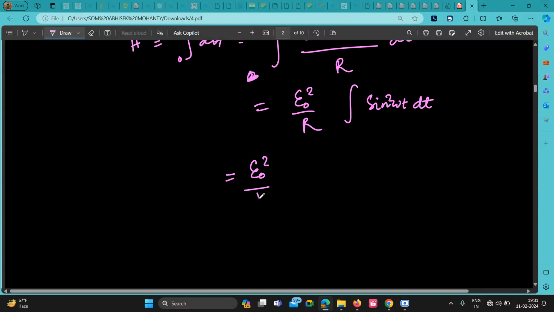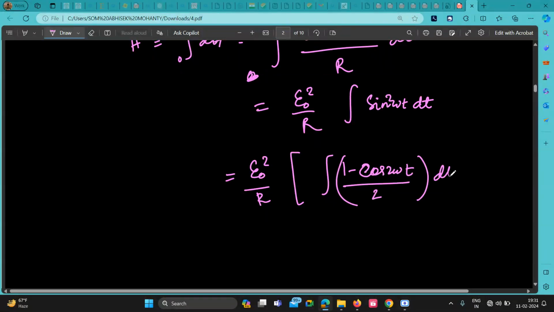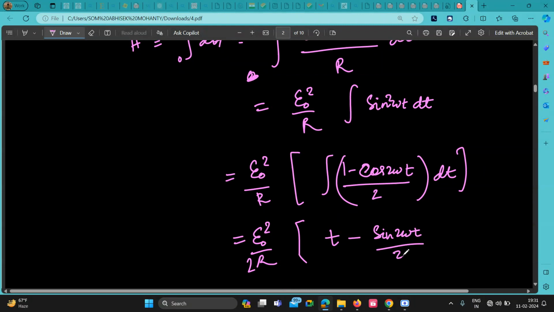E naught square by R integration 1 minus cos 2 omega t by 2 dt. E naught square by R into 1 by 2, let's take the 2 out, t minus sine 2 omega t by 2 omega.